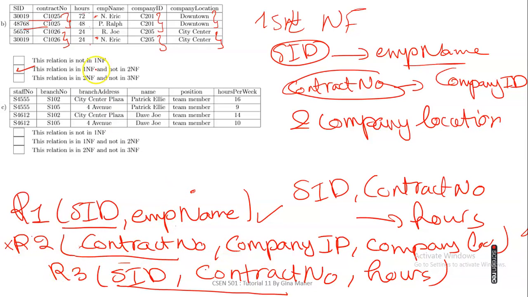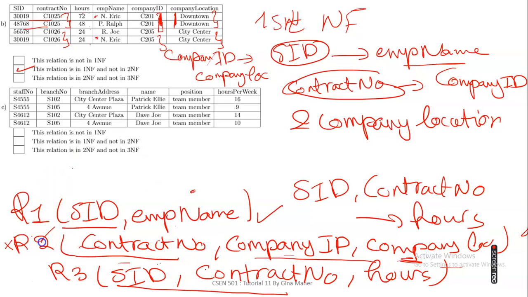If we check the table, one will think that whenever I have a company ID, the location will be the same, which means that company ID can get the company location. So in this case, we can get the location from contract number: from contract number we can get the company ID, and from company ID we get the company location.